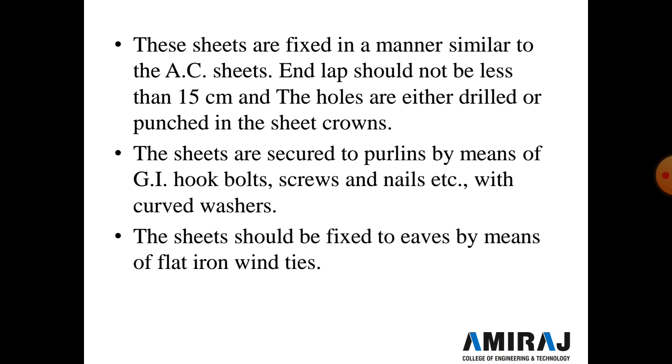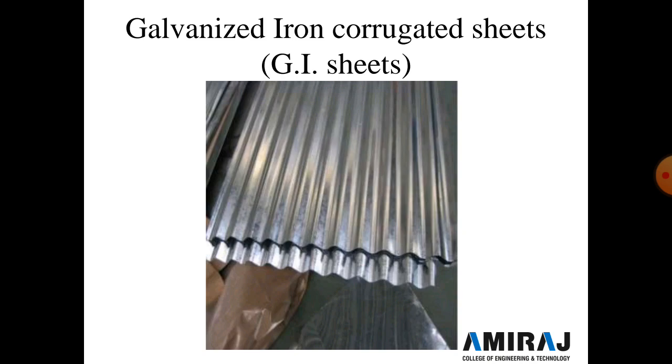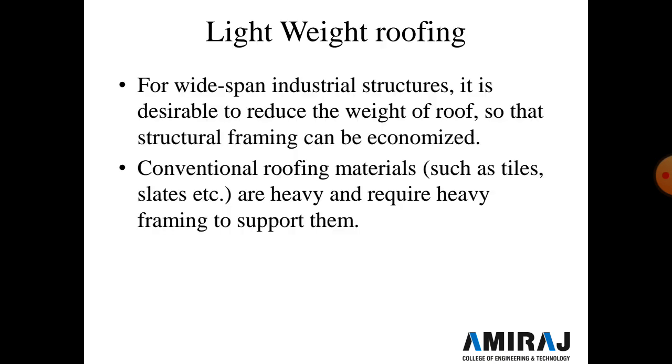The holes are either drilled or punched in the sheet's crown, and these sheets are secured to the purlin by means of GI hooks, bolts, screws and nails, etc., with curved washers, and the sheets should be fixed by means of flat iron wind ties. So GI sheets or iron corrugated sheets are generally used in industrial areas.